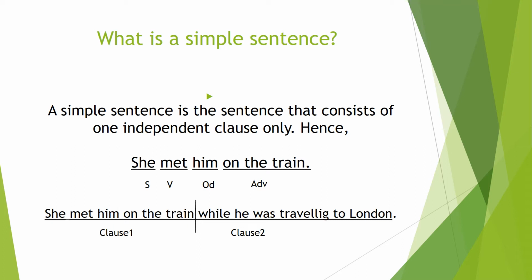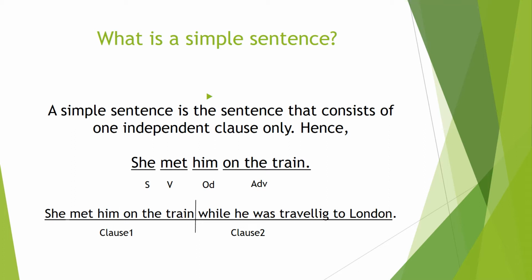So if we apply what we said on this sentence, we can say that she met him on the train is the independent clause, because if we say it alone, it will have meaning, it will have a complete idea. But if we go to the second clause, which is while he was traveling to London, try to say this clause alone, without clause number 1.